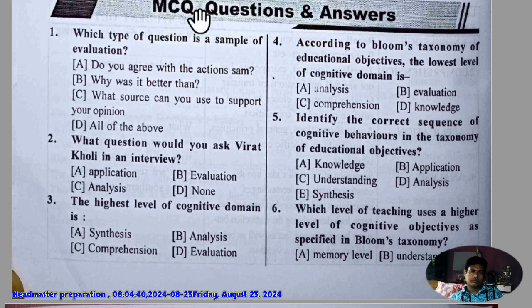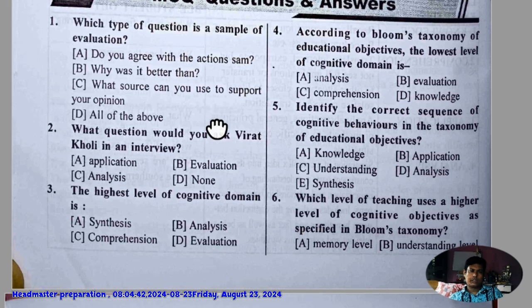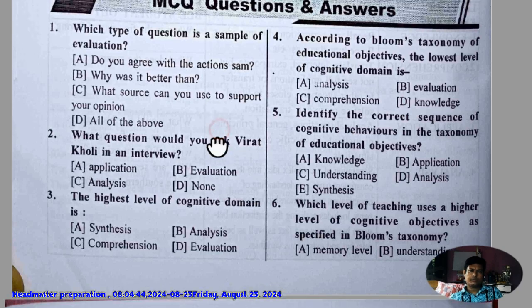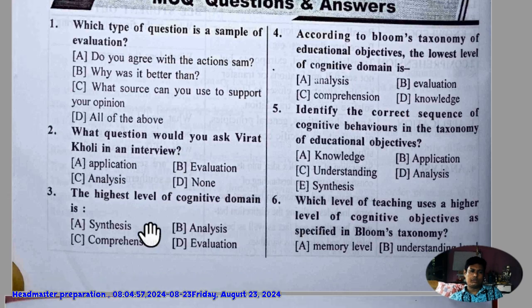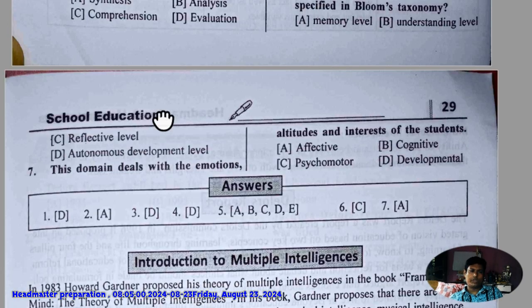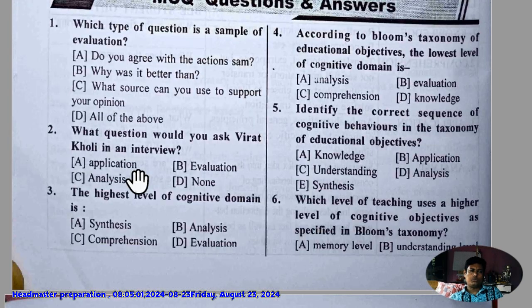The highest level of cognitive domain is evaluation, and in 2001 it is called create.